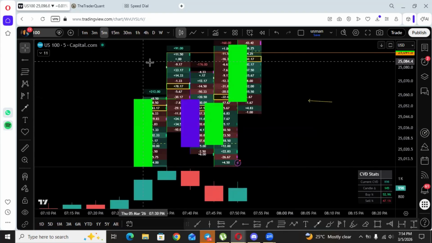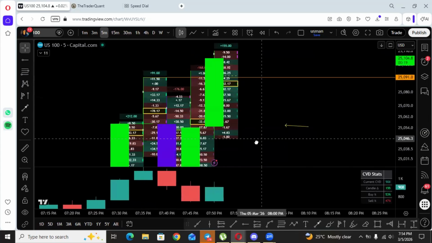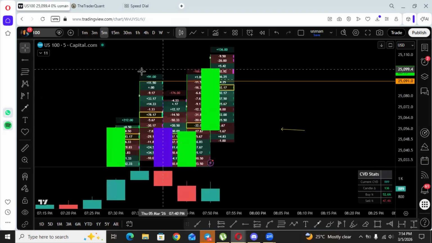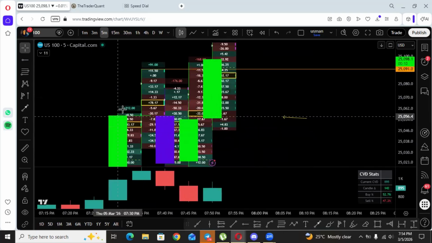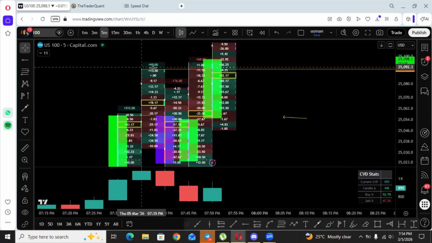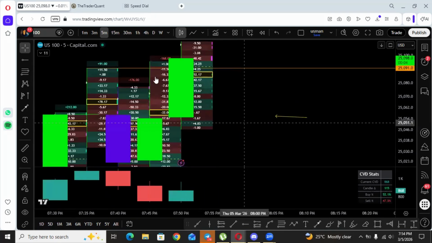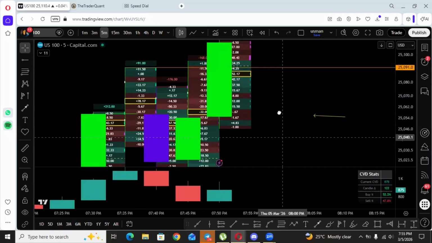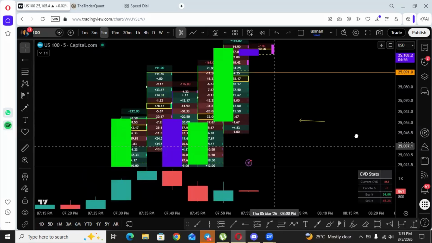So the delta is 212. We will add a percentage here, so you don't need to see what is 212, you just need to see how much percent the delta in this candle increased or decreased. When the next candle formed, delta decreased from 212 to 91, and then in the next candle delta also decreased.